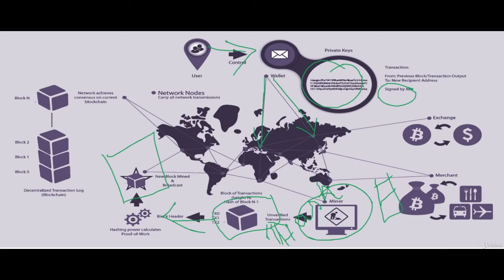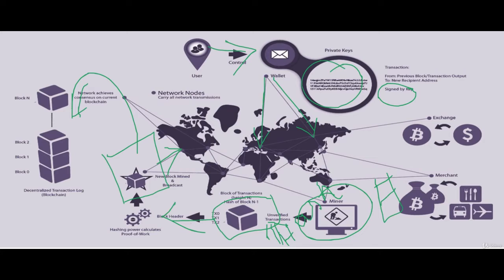Once this block is ready, it will again be broadcasted to the network, and then it will be added to your virtual blockchain. Your block will be added as the end block.